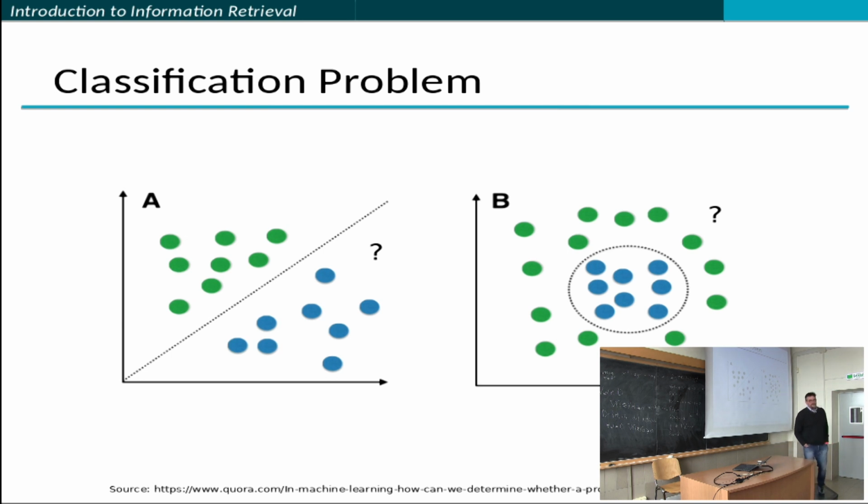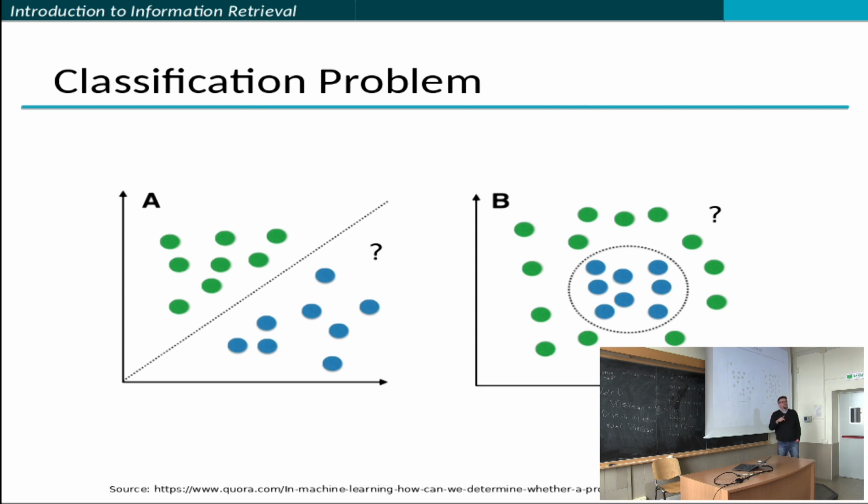This region can be a linear region, or something more complex. And depending on whether we have a linear boundary or something more complex, we have to apply different classification algorithms.